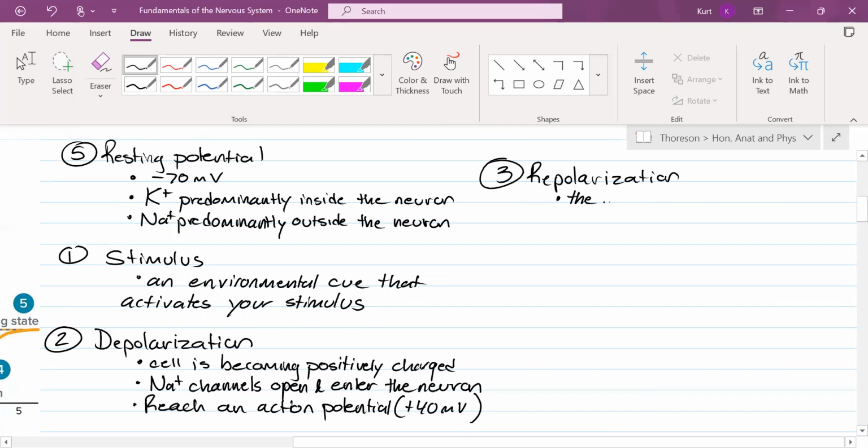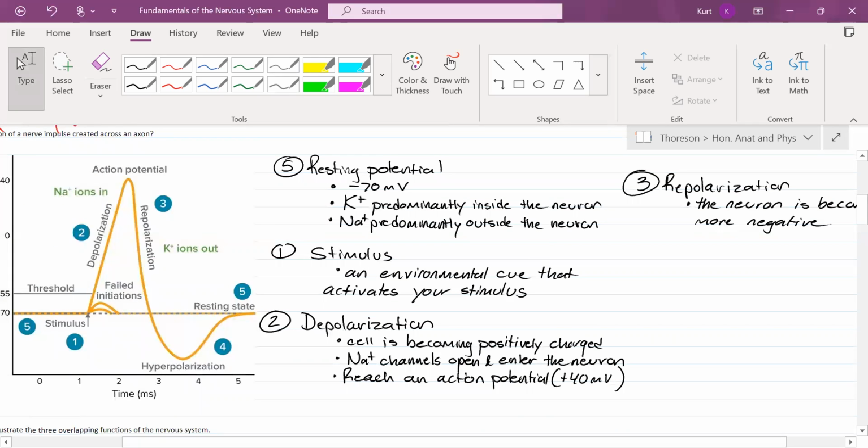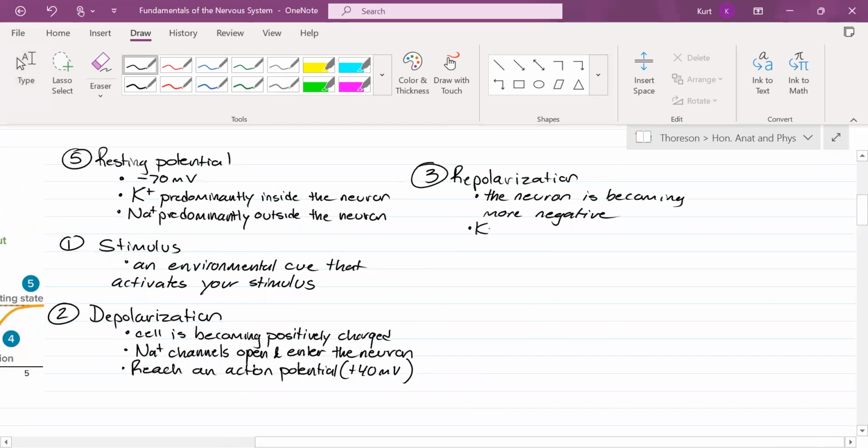The neuron is becoming more negative. Now take a look at that graph. What ions are beginning to exit the neuron? Yep. Potassium. Potassium channels open. Potassium exits.